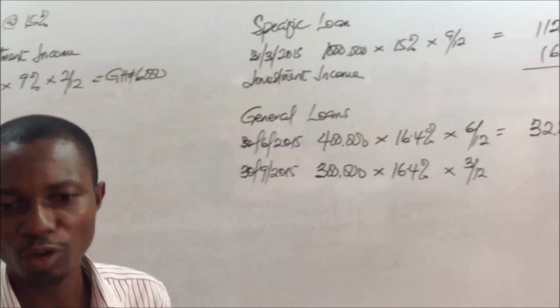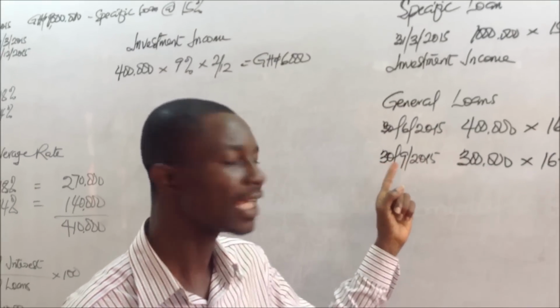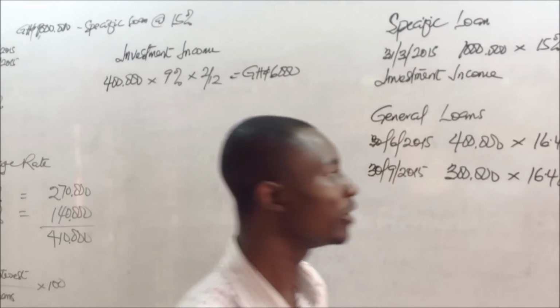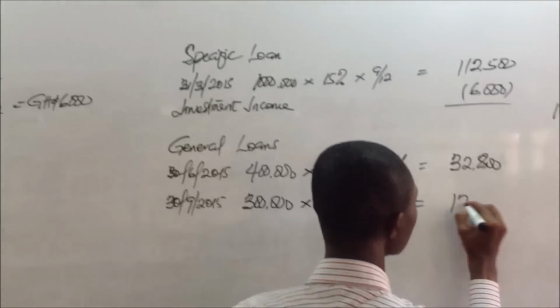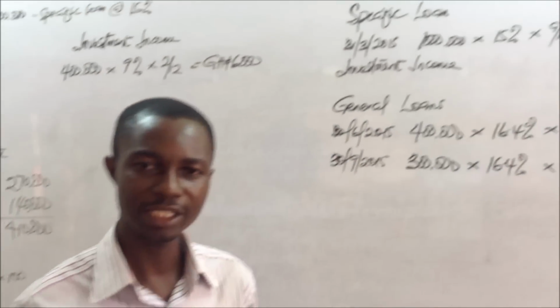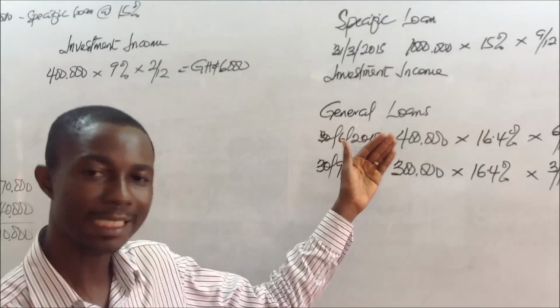It is going for 3/12 basically because we spent the amount on 30th September 2015. This gives us an amount of 12,300.